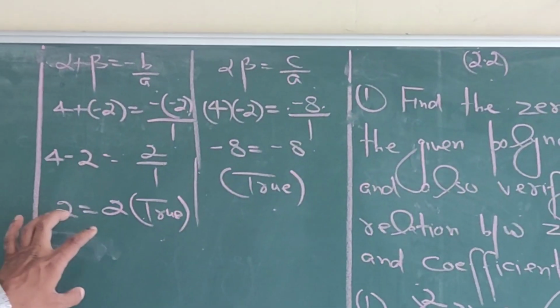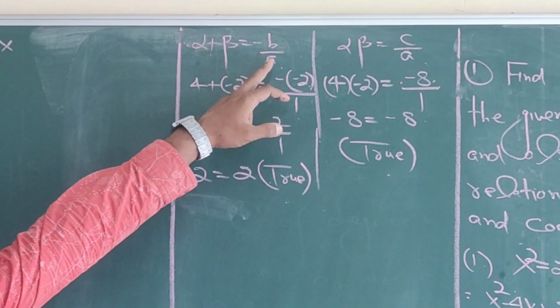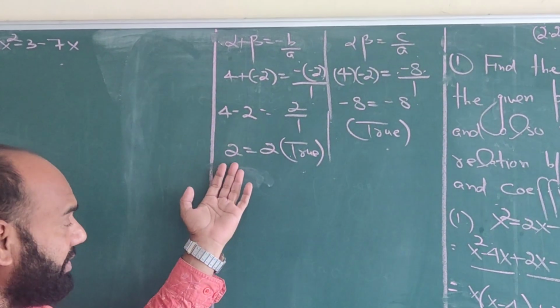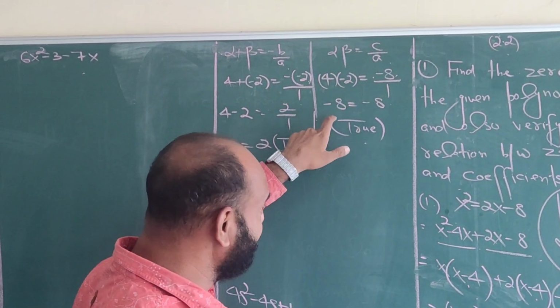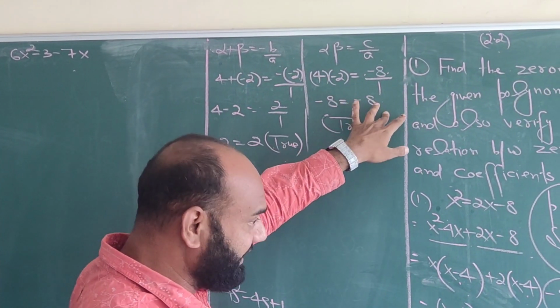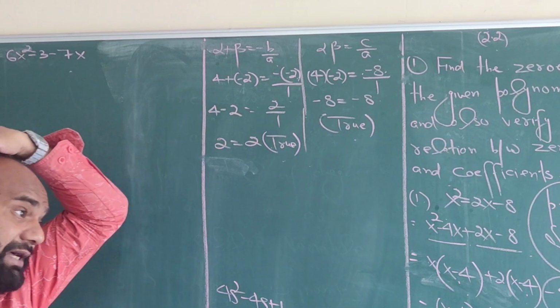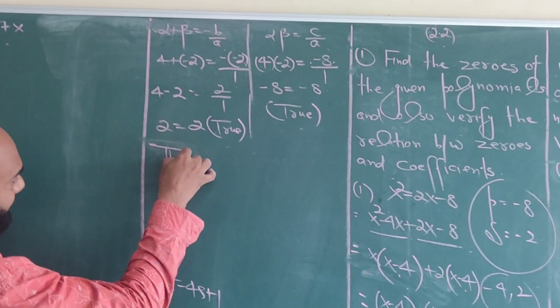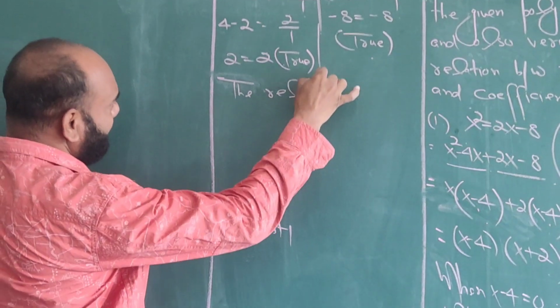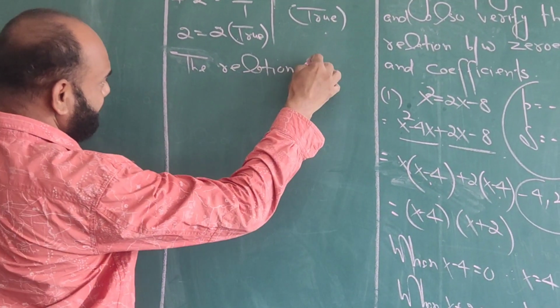In both relations we check LHS equal to RHS. In the first, LHS is 2 and RHS is also 2, and in this relation LHS is minus 8 and RHS is minus 8. So we can say that both the relations are true. Therefore, the relation is verified.